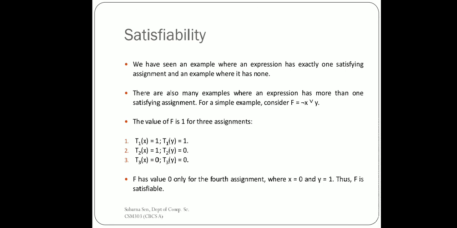We have now seen an example where an expression has exactly one satisfying assignment and an example where it has none. You can see that if we assign these values for the expression not x or y, with x equals 1 and y equals 1, it is going to return 1.